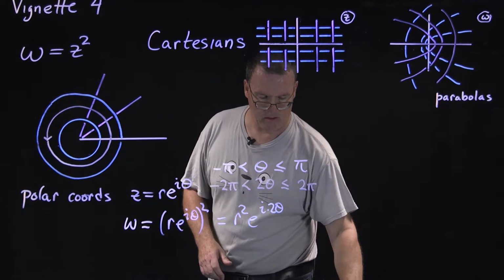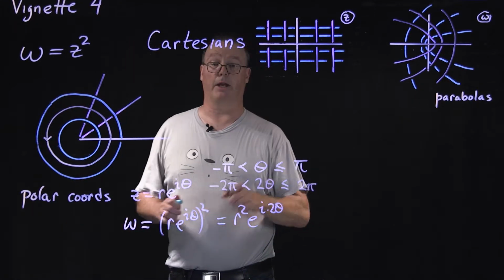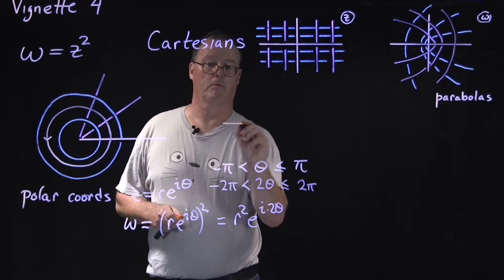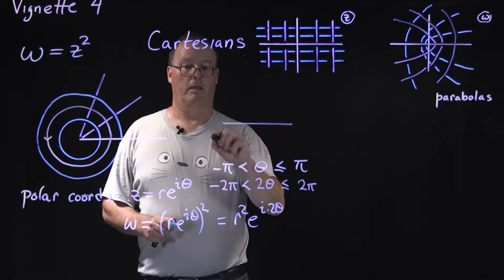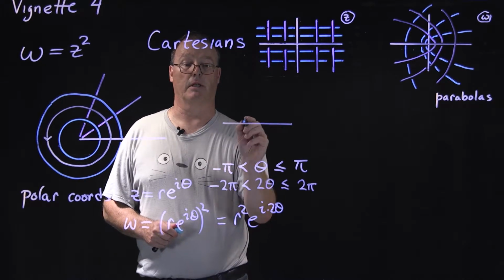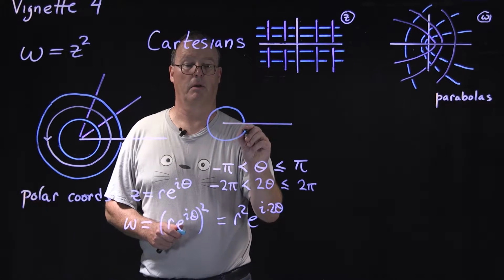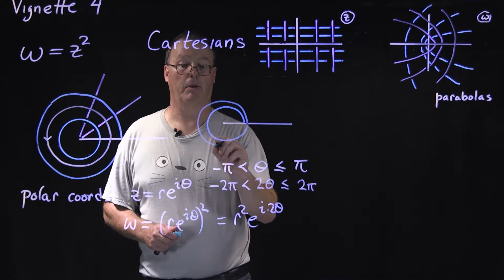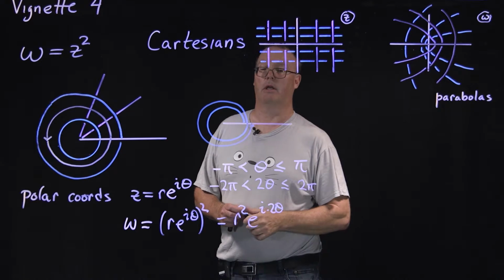Well, this graph is getting a little crowded here, so we'll draw it again. Minus 2 pi, we back up 2 pi, is almost to the positive axis again. And so we go from minus 2 pi up to 0, and we cross 0, and we go all the way up to 2 pi.